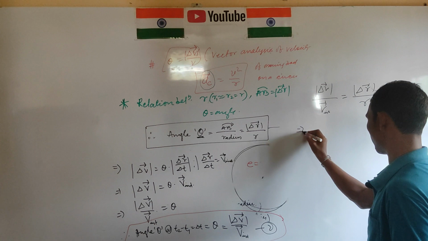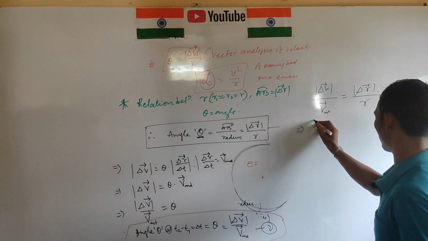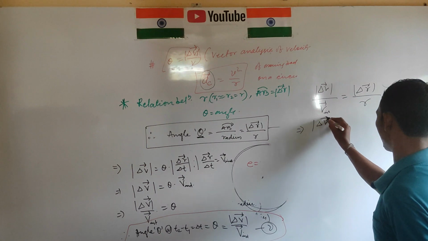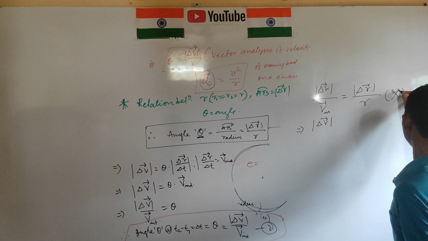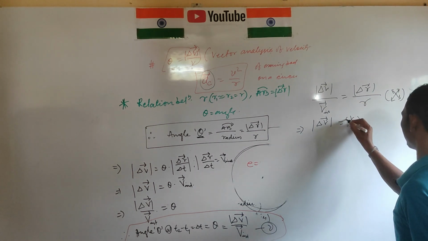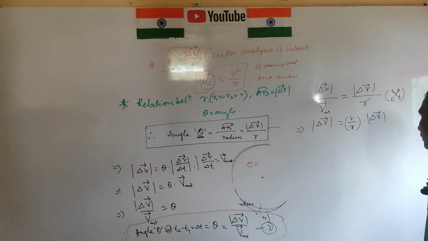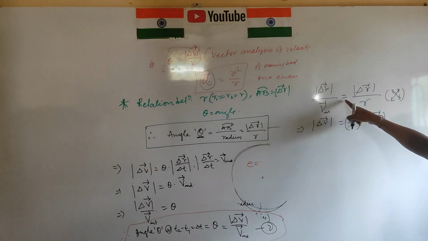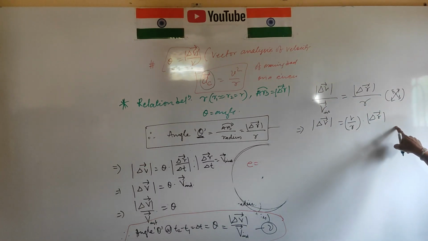So here we proceed ahead. Delta V, by cross multiplication, then V upon R delta R. After multiplication we have the linear equation like this.